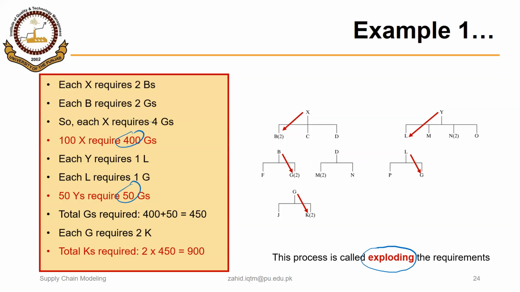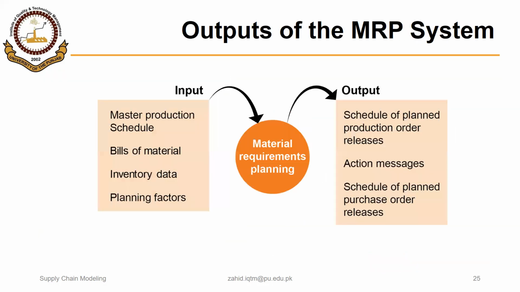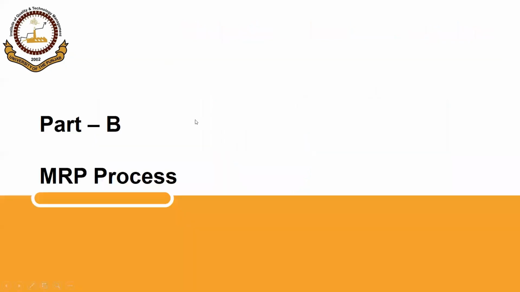So this process is called exploding the requirements. In summary, we saw that there are 4 important inputs to MRP. We discussed each of them, and in the following segment we will discuss the MRP process. Thank you.